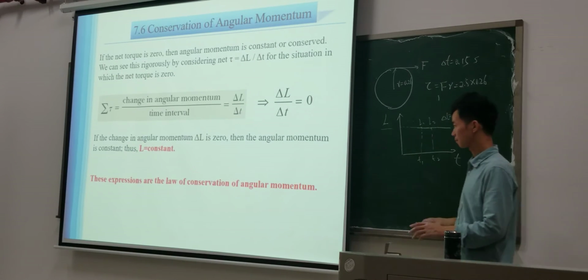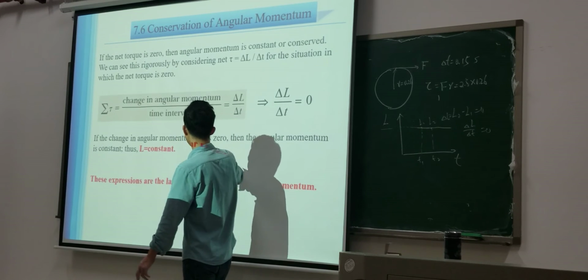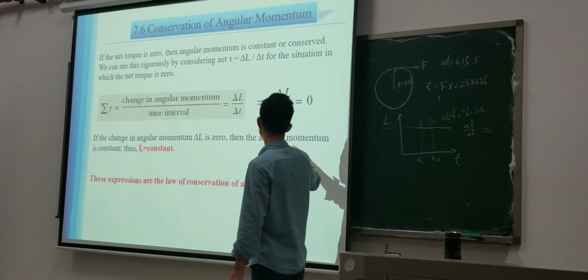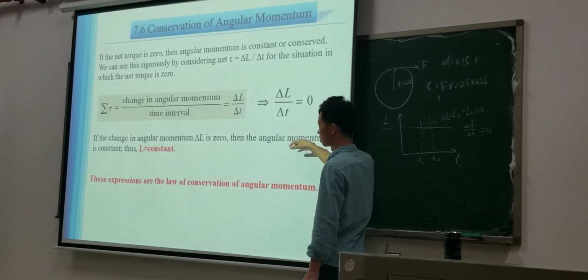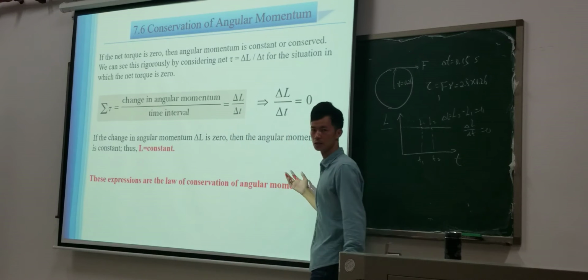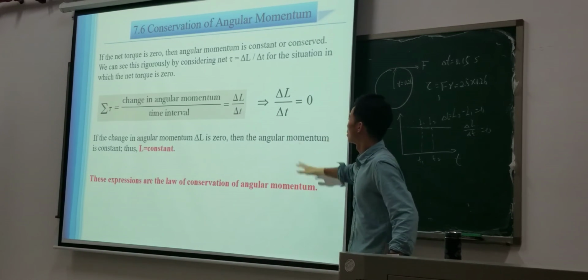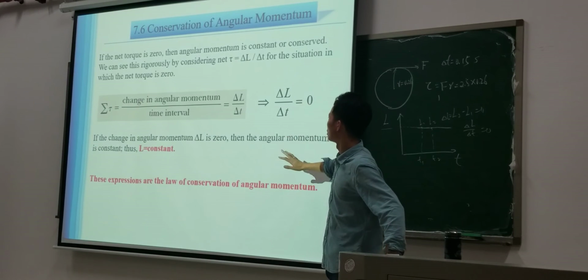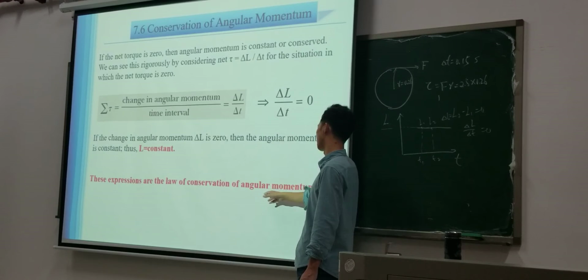So if the change in angular momentum is 0, then the angular momentum is constant. So L is equal to a constant. This expression is the law of conservation of angular momentum.